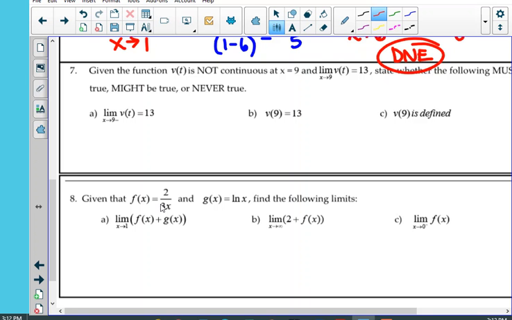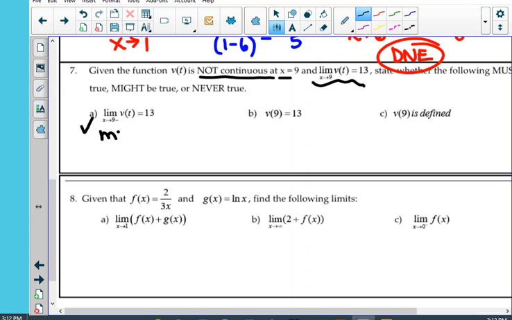Okay, understanding the definition of continuity, we did a problem similar to this in class. This is just really a check on understanding that definition. If we are not continuous at 9, but the limit exists, what kinds of things may or may not be true? Well, for example, for the limit to exist, the left and the right limits have to exist.